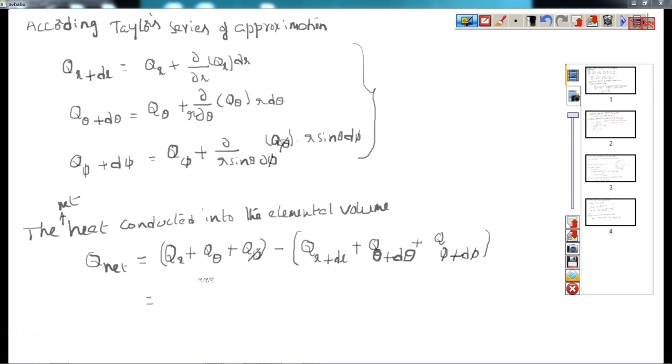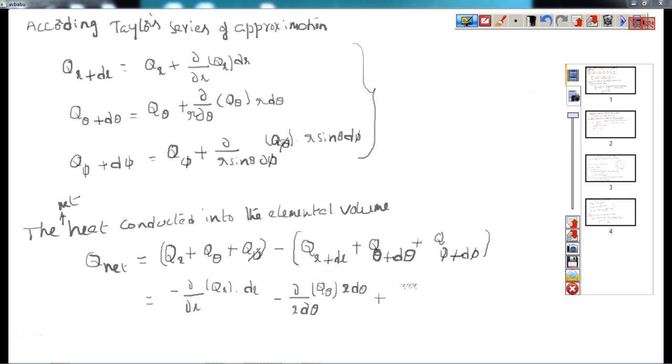Therefore you will be left with dou by dou r of Q r dr minus dou by dou theta of Q theta into r d theta. Am I correct?